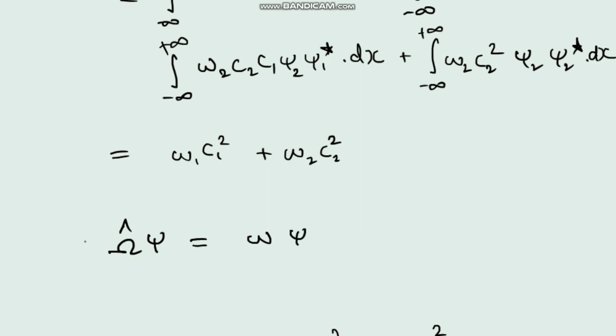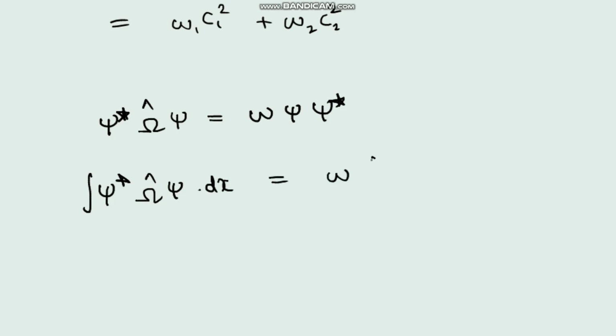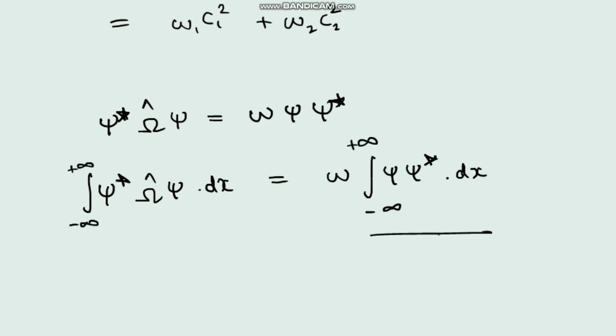And if we had performed this maneuver on this type of equation, if omega cap psi was a normal eigen equation, we would have obtained omega psi, and if we had multiplied each side by the conjugate of psi, and then integrated both the left hand side and the right hand side from minus infinity to positive infinity, you can see that this value again will be 1 only, and hence we will obtain the observable omega.